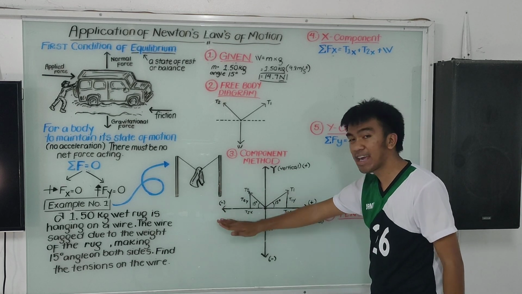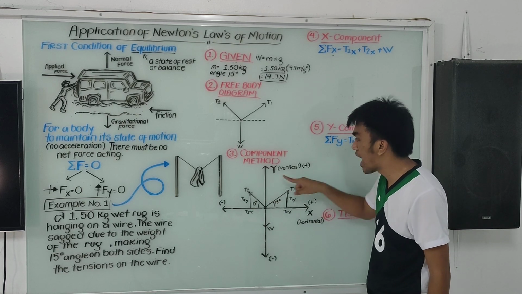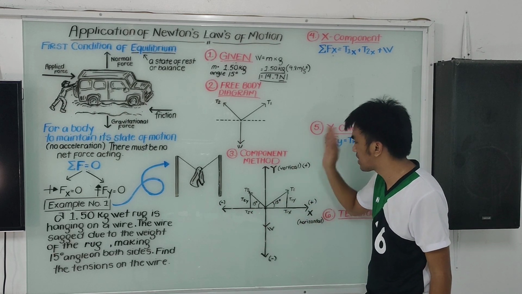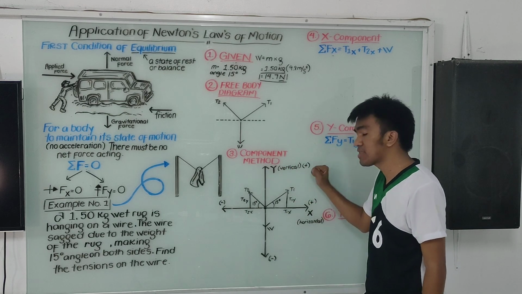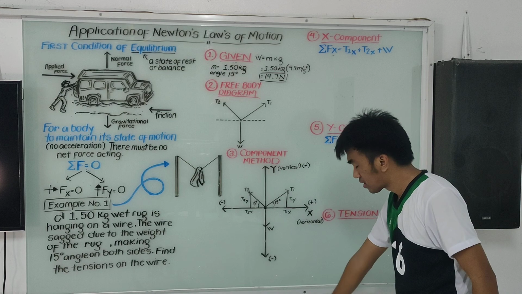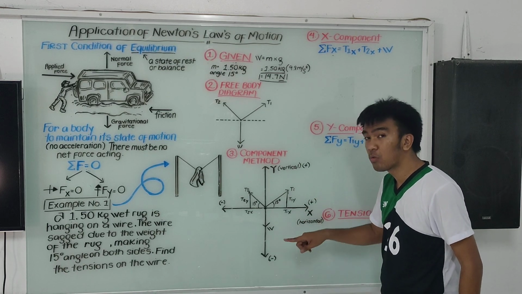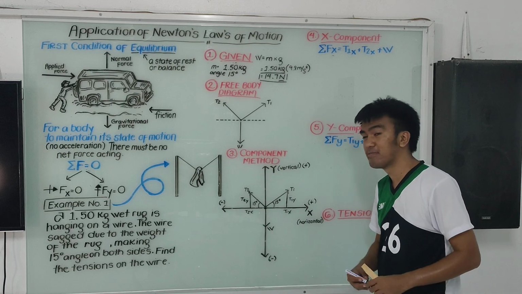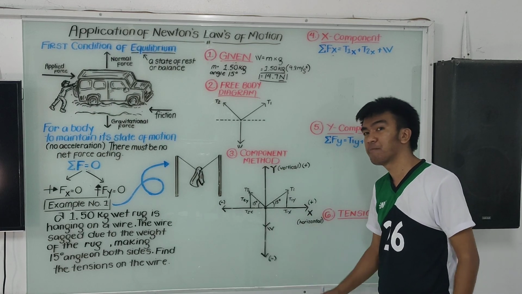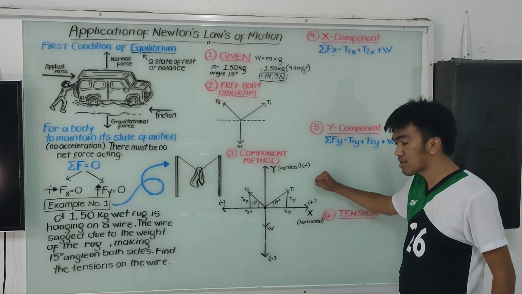On the left side, the x is negative. On the upper side, it's a y component, so it's vertical, and y is positive. In the downward direction, the y-axis is negative, so all the y components will be negative. So that is our Cartesian plane.